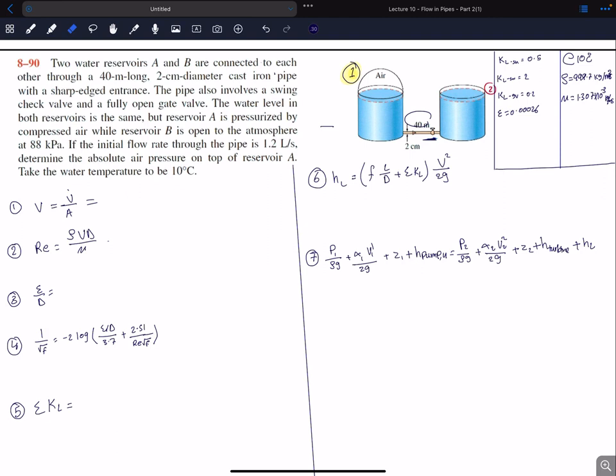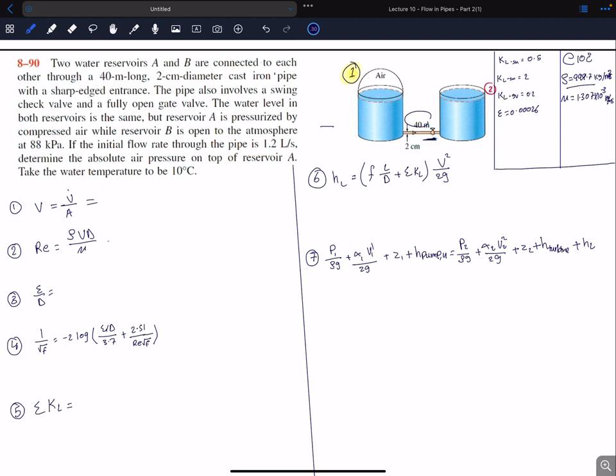At 10 degrees Celsius, the density of the water is 999.7 kilograms per cubic meter, and the mu is 1.307.